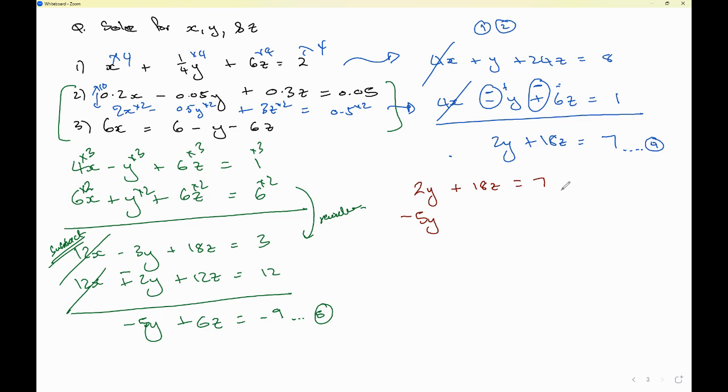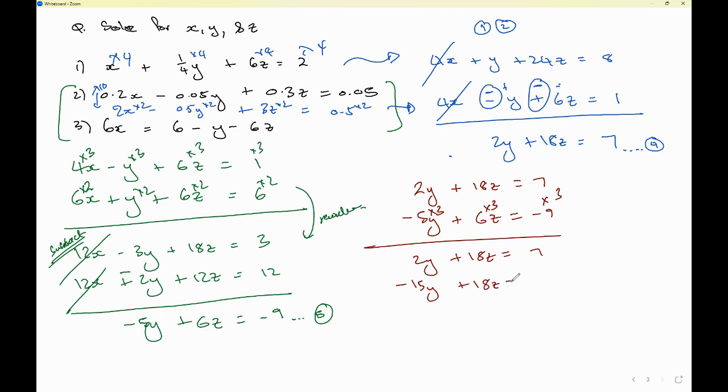I've got to get these two coefficients the same. I can see this one, if I multiply this by 3, you'll end up with 18. So I'll go 2y plus 18z equals 7, and negative 15y plus 18z equals negative 27.